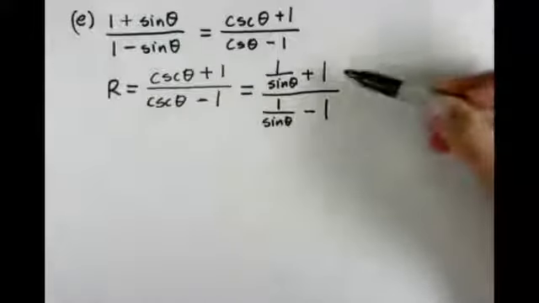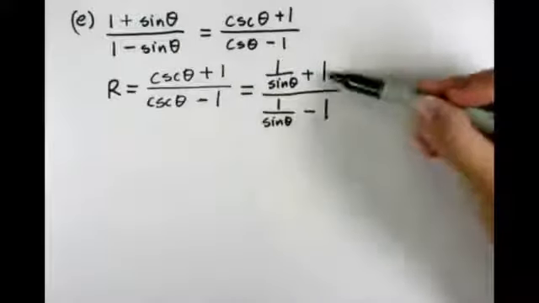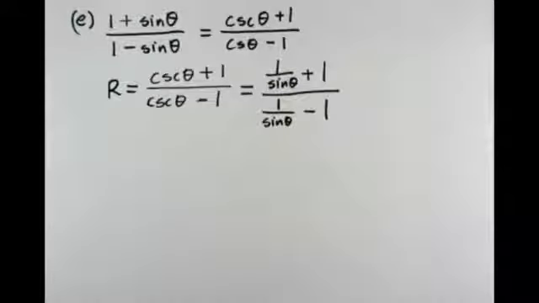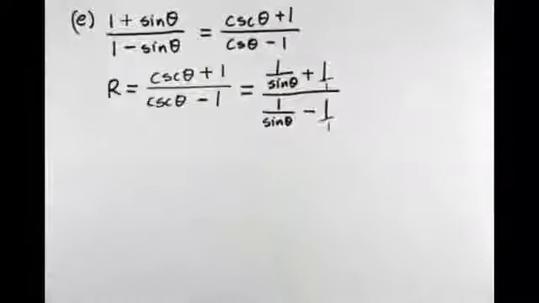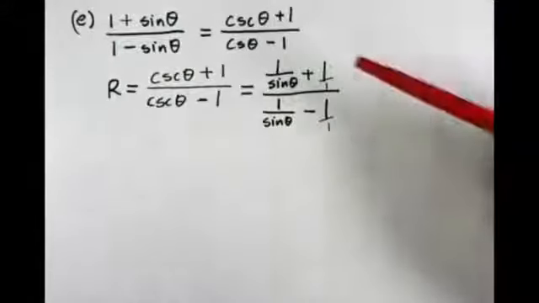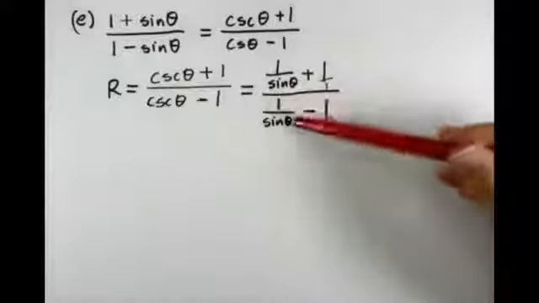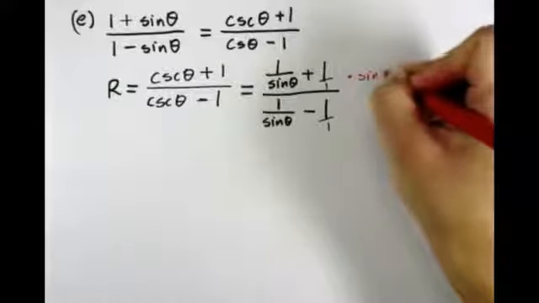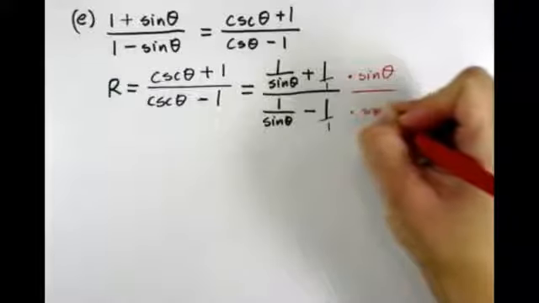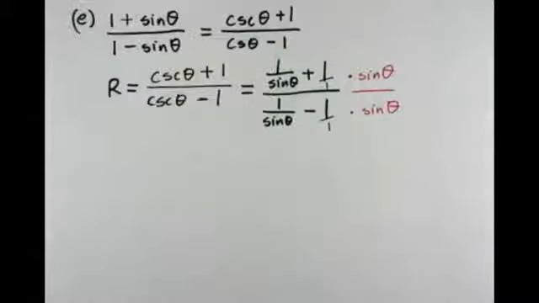Okay, so now we can either find a common denominator of both, because this one is like 1 over 1. So this needs to be multiplied times sine, or what we can do is, to each and every term, multiply times sine. That would be even easier. So this times sine and this times sine. As before, we can do this because this is multiplying 1 over 1.